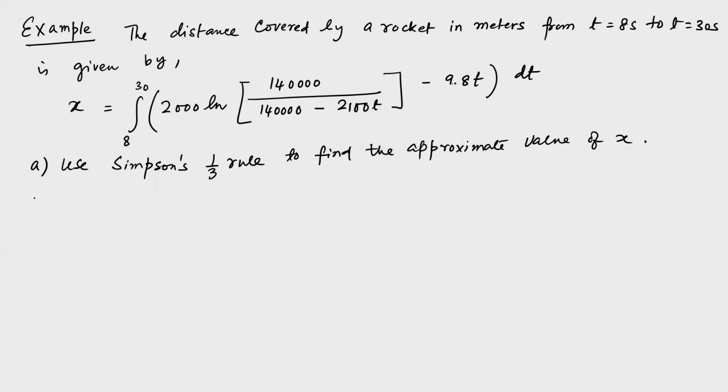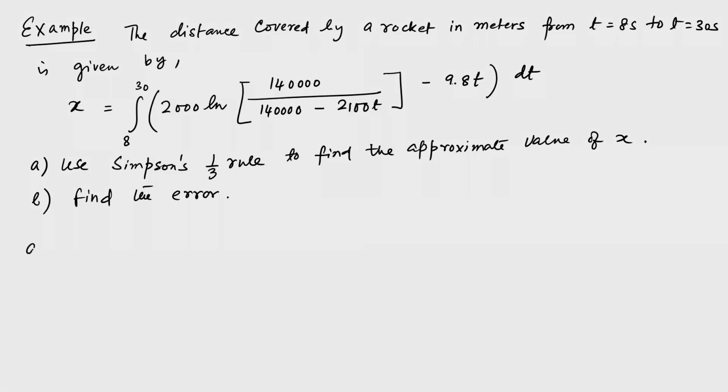Second, of course, find the error, relative error or percentage error, in this. So, we will use a simple Simpson's 1/3 rule, that is, not use any segments in between.